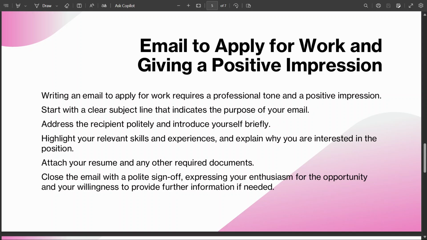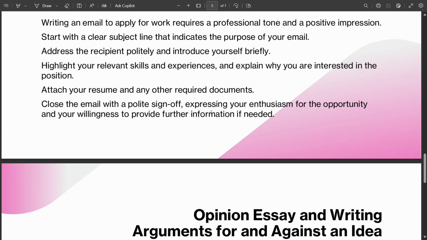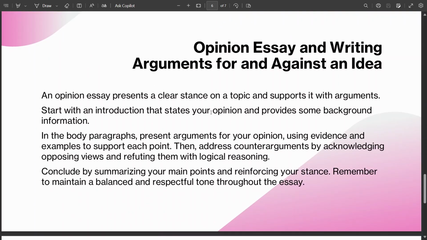Okay, so let's move on. Yeah, and the next one, or technically the last one, is opinion essay and writing arguments for and against an idea. An opinion essay presents a clear stance on a topic and supports it with arguments. Start with an introduction that states your opinion and provides some background information.